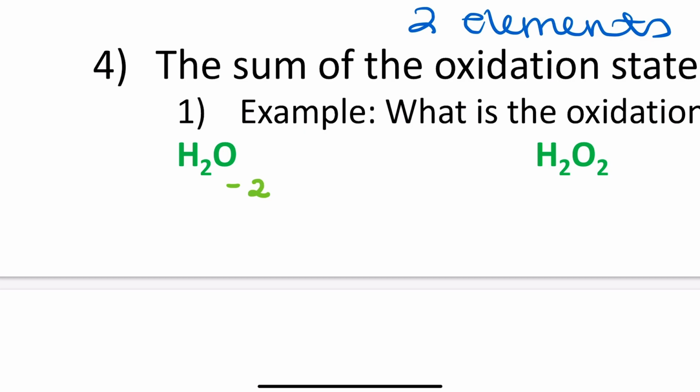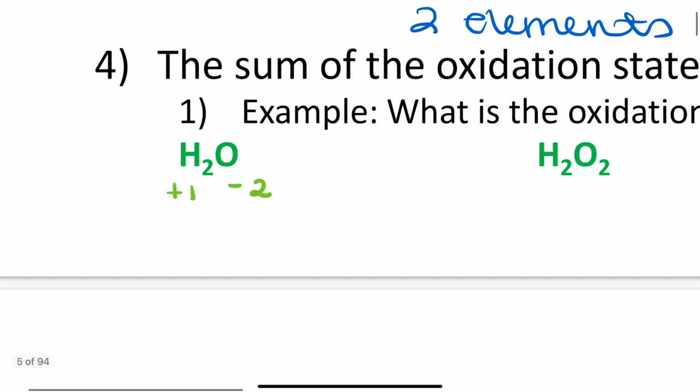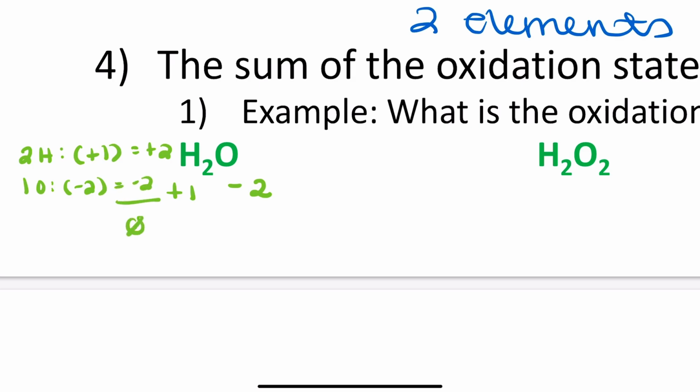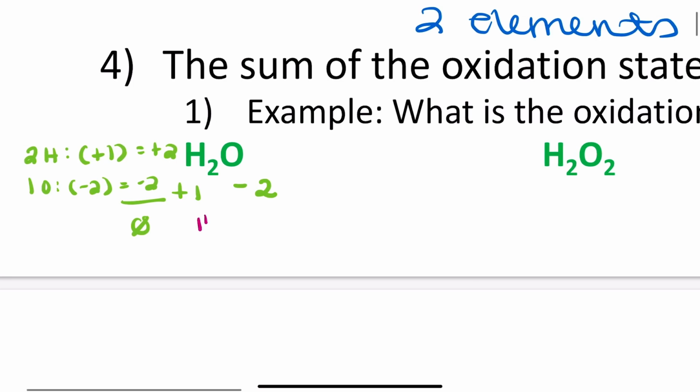The species overall has to be neutral, so each hydrogen must be +1. I have 2 hydrogens, +1 each, giving me +2. 1 oxygen at -2, giving me an overall -2 charge, and overall it is 0. So here, hydrogen +1, oxygen -2.